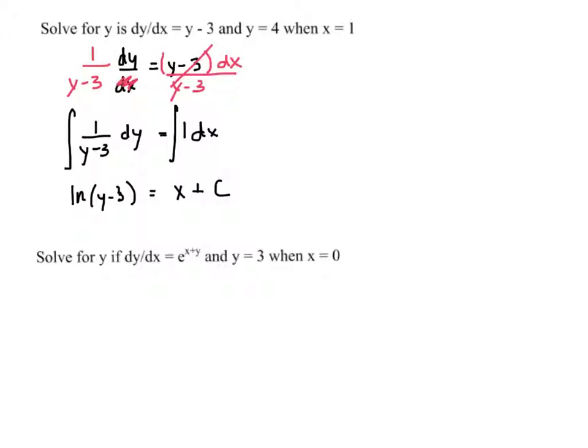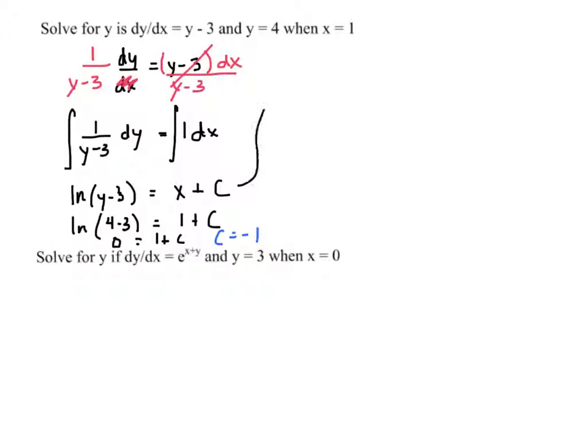Okay, let me do it. So the natural log, let me plug it in. So 4 minus 3 equals 1 plus c. Well, the natural log of 1 is 0. So c is negative 1.